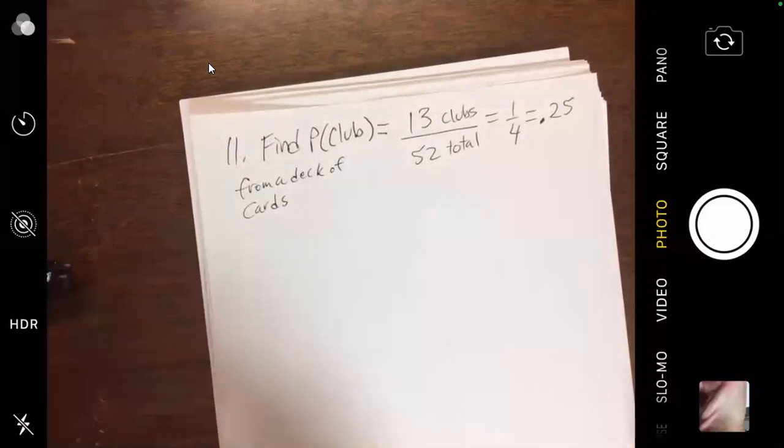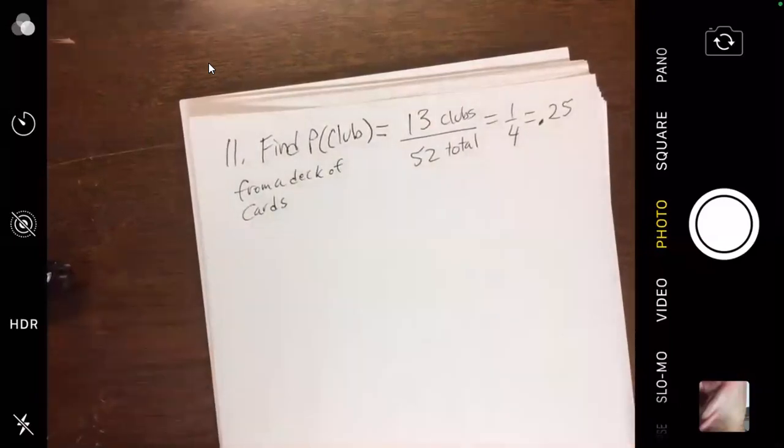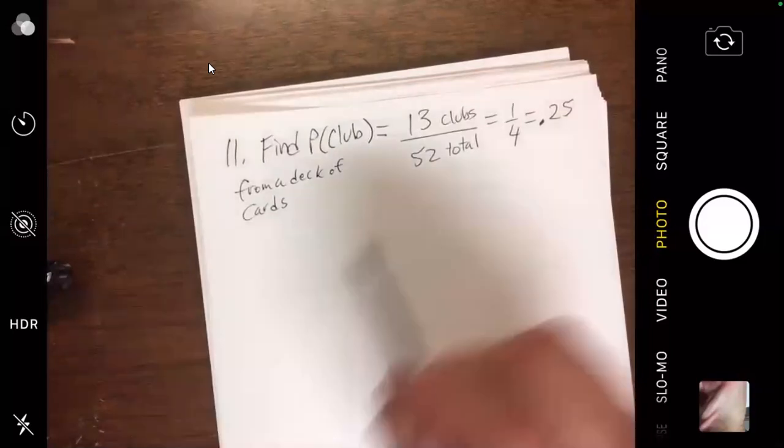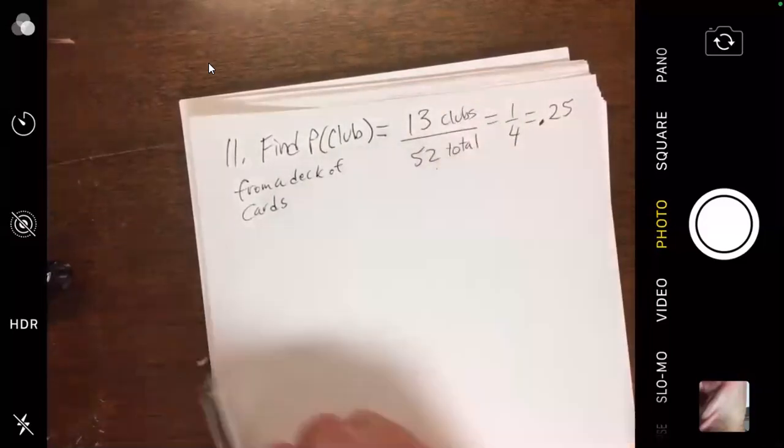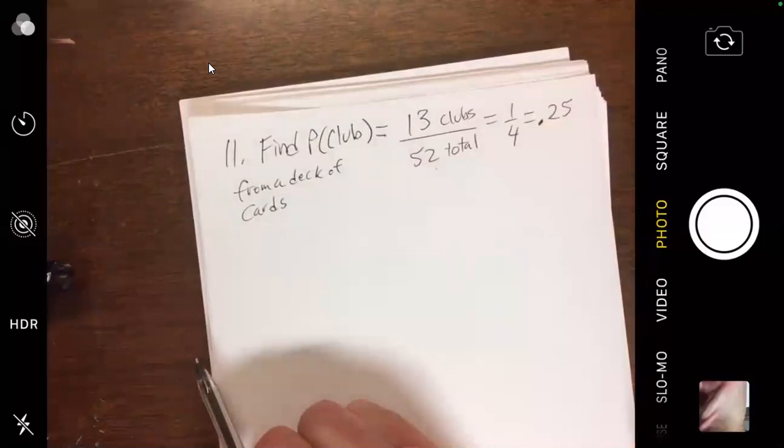Hearts are a quarter. Every suit's a quarter of the deck. So you get the same probability whether they'd asked hearts, diamonds, or spades. Questions about that? I don't have any. Okay, 13 goes into 52 4 times. 13 times 4 is 52.